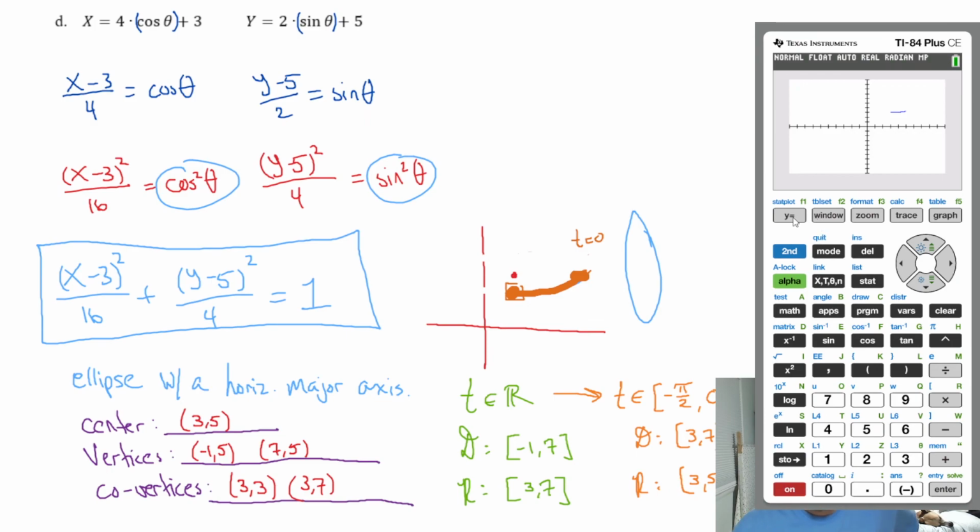I thought maybe we could get away with it because we're plotting smaller bits, but 0.05 is great. Hit graph, and I think you can tell by the curvature that what you're looking at is the bottom right quarter, right? So you can do all that just in your calculator. I'm done with D. I think I'm done with D.